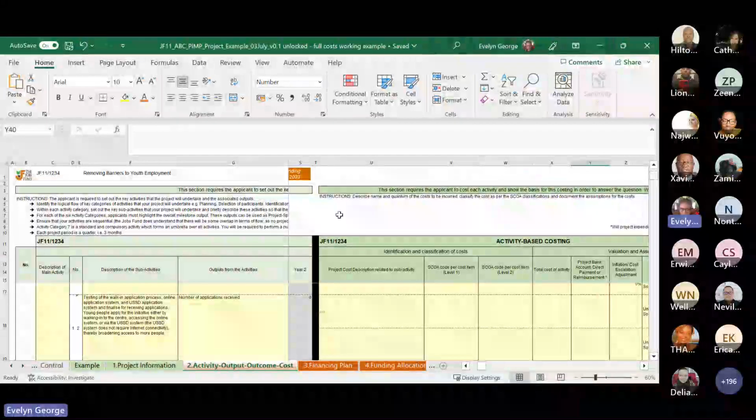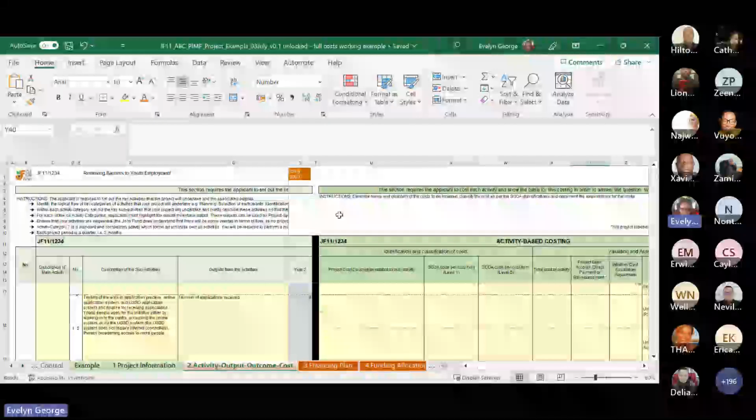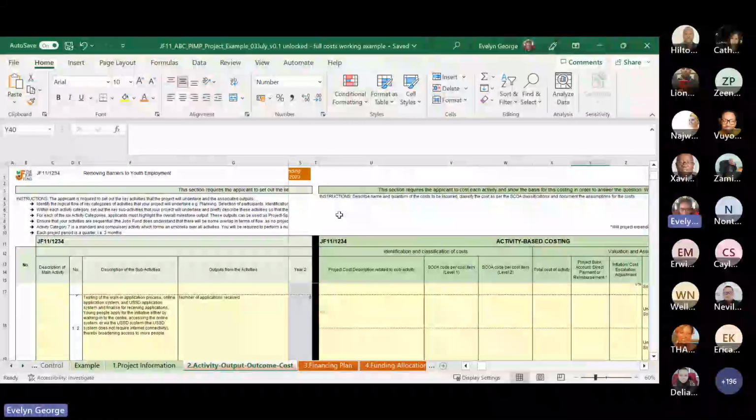So we have used the same example, but we've also looked at a number of questions posed, themes around the questions, and also we tried to get some further interaction with potential applicants, getting them to write areas that they are potentially struggling with on the PIMP, so that we could infuse it into the example and make it as practical as possible. So I do hope that you've had a chance.